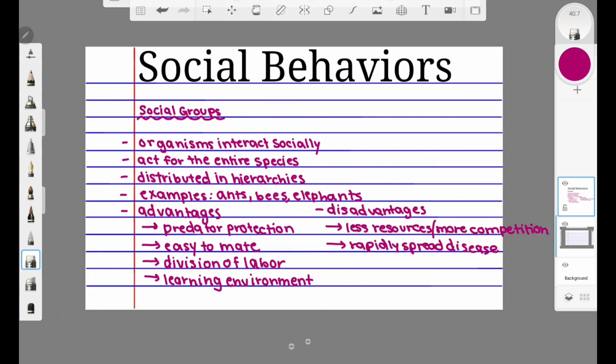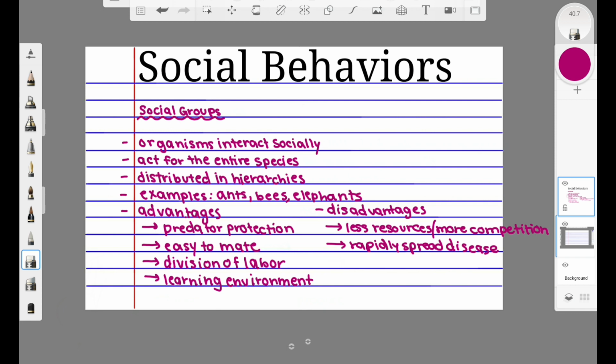And the disadvantages are, once the group gets to a certain size, there's going to be more competition and less resources, which means that fewer animals will get those resources and fewer will survive. And also, if a disease spreads, it's going to rapidly spread.